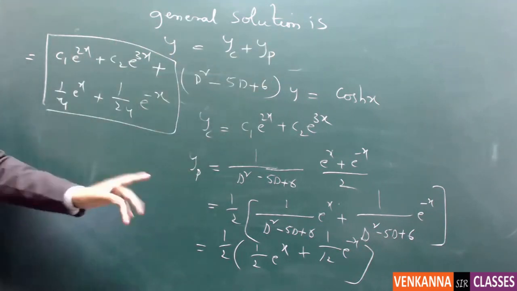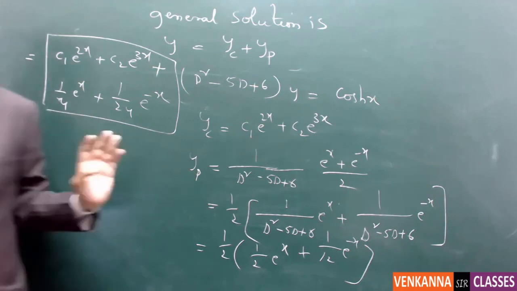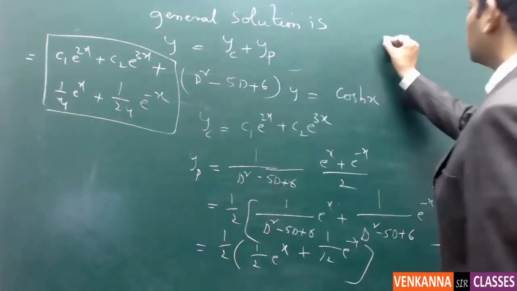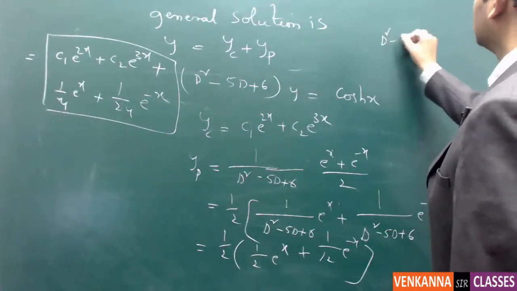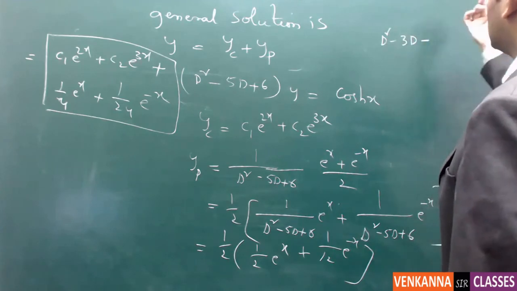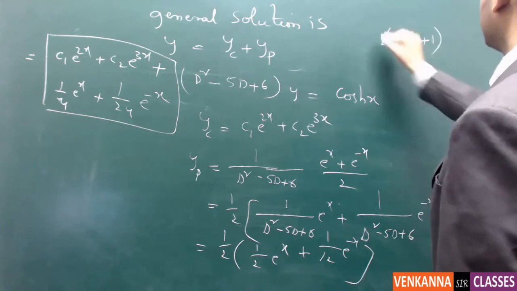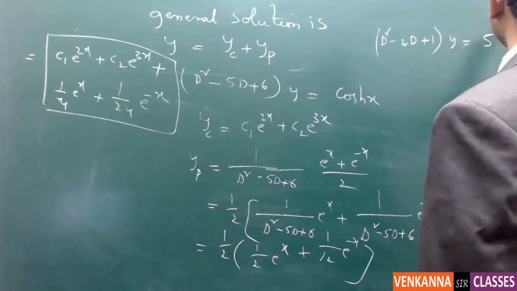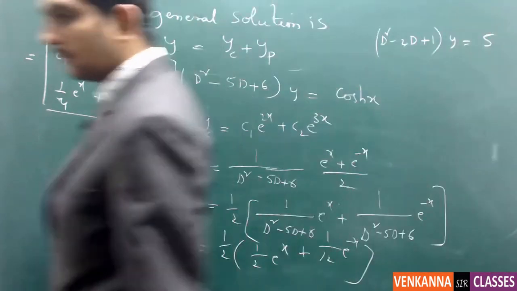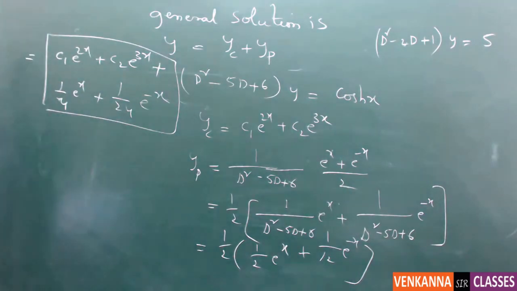Okay. In this module, the other one is, let me say, we have taken d square minus 2d plus 1. So can you write the yc first?